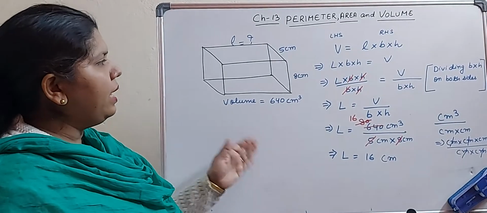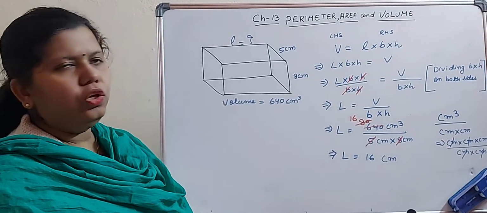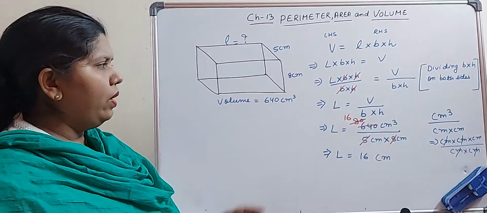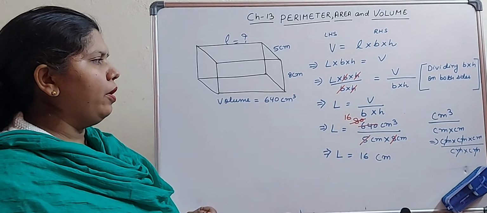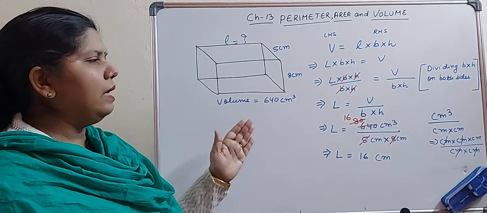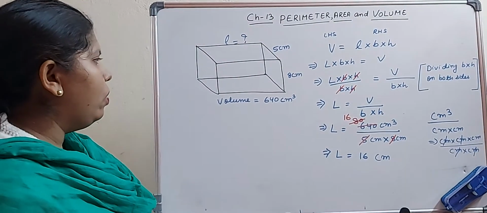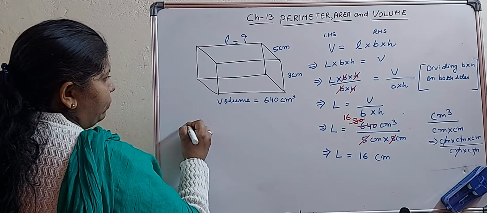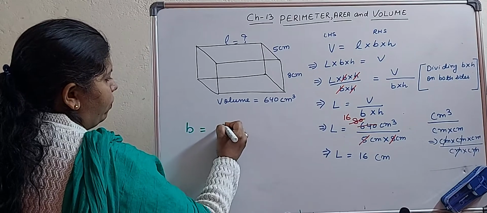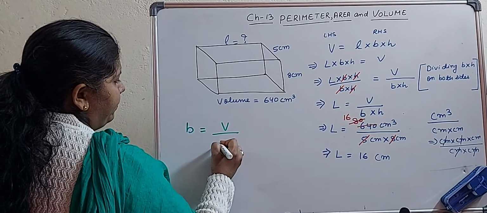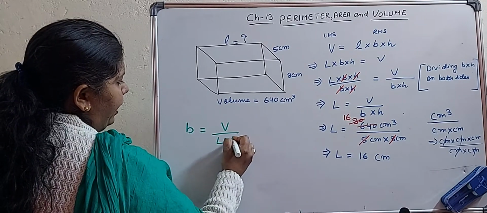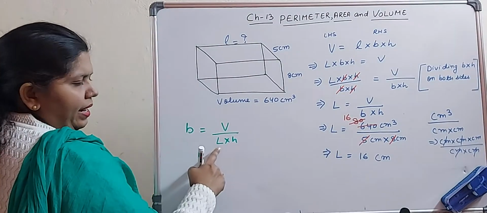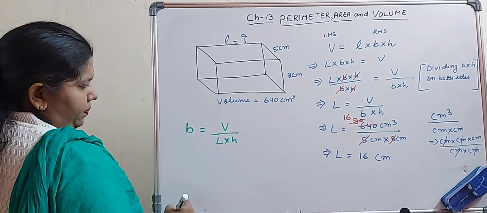So, just like how you have taken out length of the cuboid, similarly, you can also take out breadth of the cuboid when volume, length and height is given to you. So, the formulas will be like this. If suppose I have to take out breadth, then the formula will be V by L into H, that is volume by length into height.